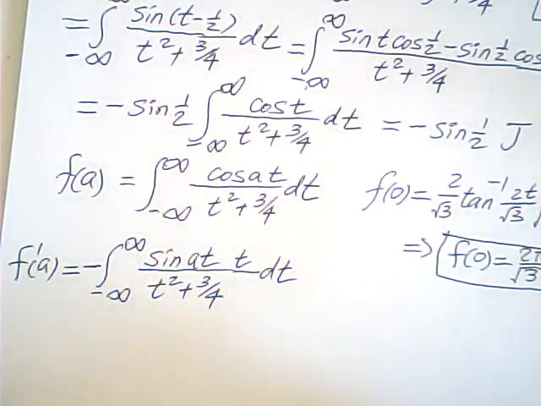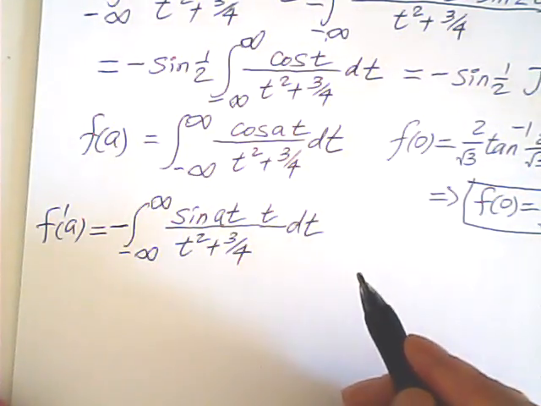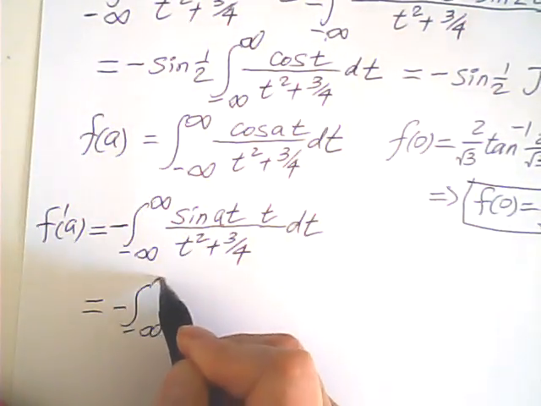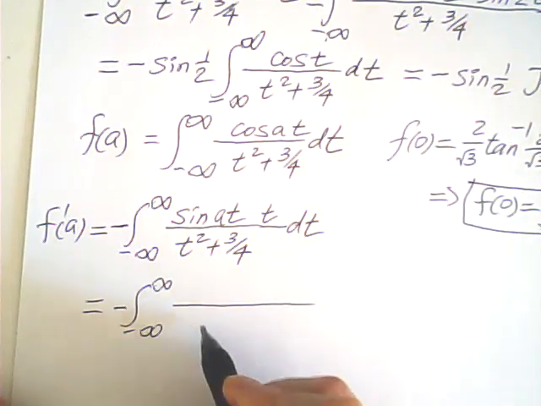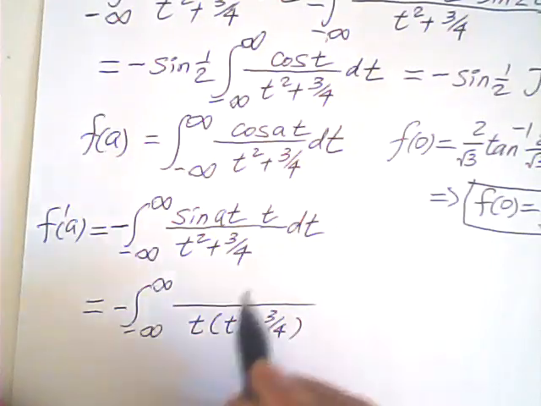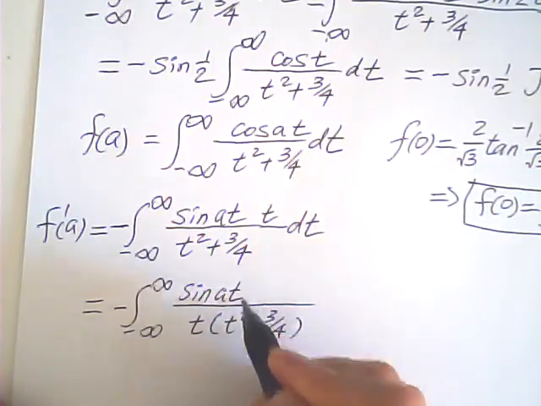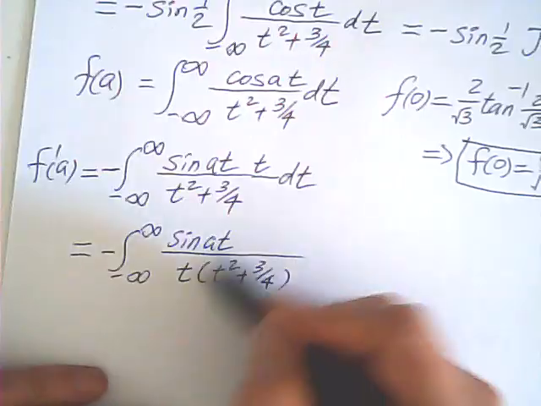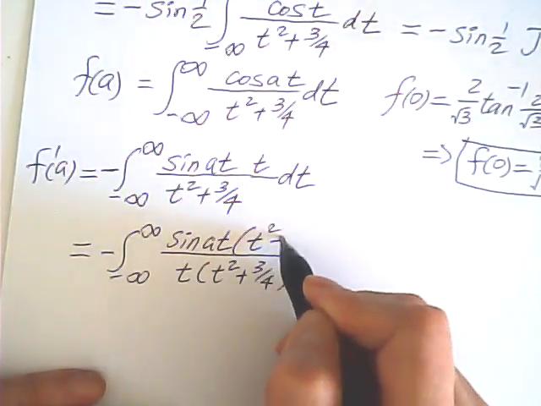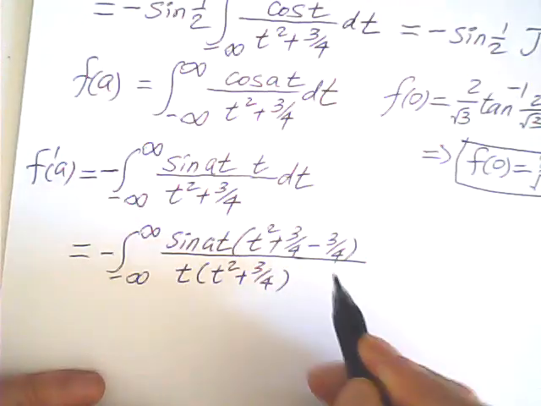Then I multiply t on both top and bottom. So this equals negative, sine at times t, and t times t on top becomes t squared, over t squared plus 3/4, which I write as t squared plus 3/4 minus 3/4. That is still t squared.